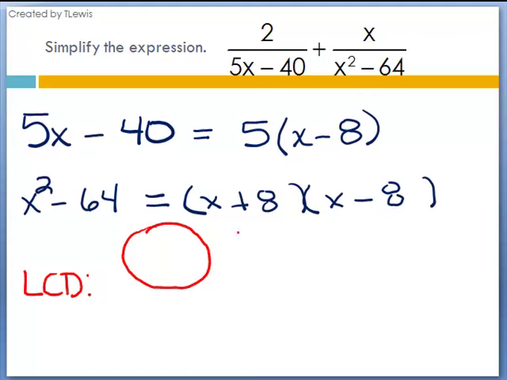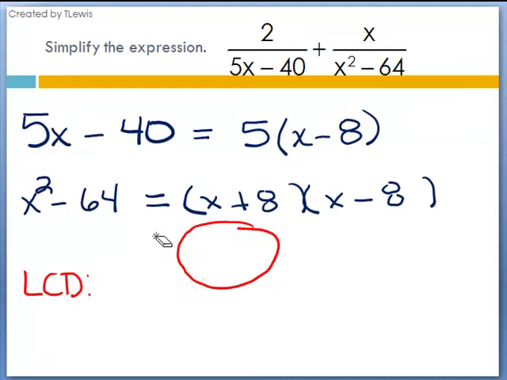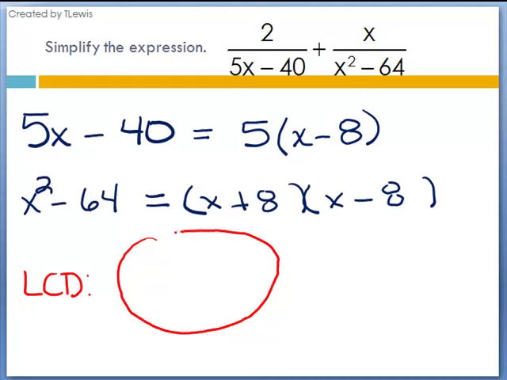Here's a Venn diagram. What do we have in common? Okay, well, we have the x minus 8.